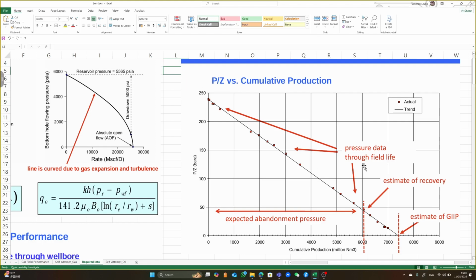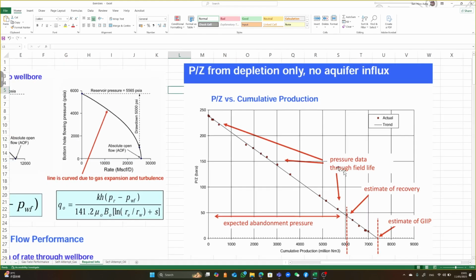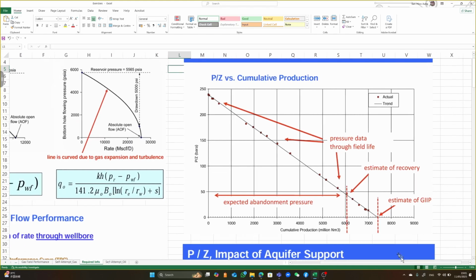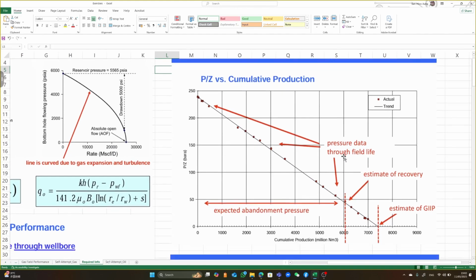Okay, so this graph you see is P over Z against the cumulative production profile, and this is only applicable to gas when we estimate the gas production profile. We cannot use that for oil initially in place.